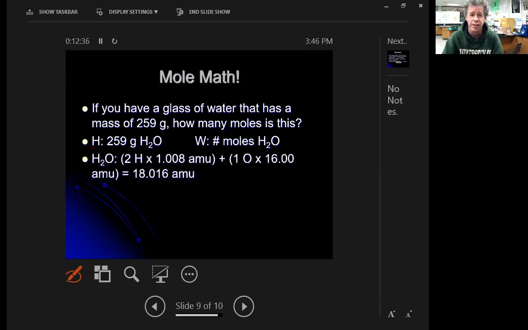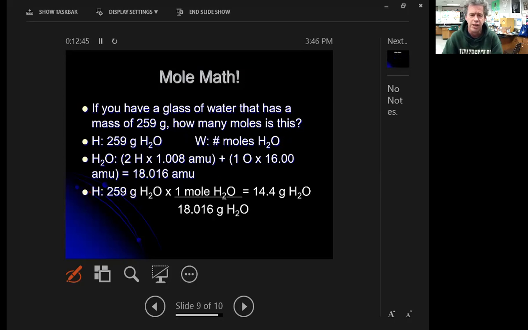Like we said, water has a mass of 18.016 AMUs, so we can do a one-step dimensional analysis problem. We start with 259 grams of water. Then we say 1 mole of water divided by 18.016 grams of water, because we set up here that 1 mole is 18.016.